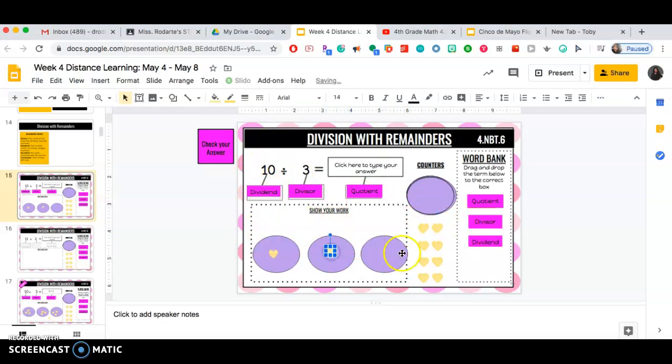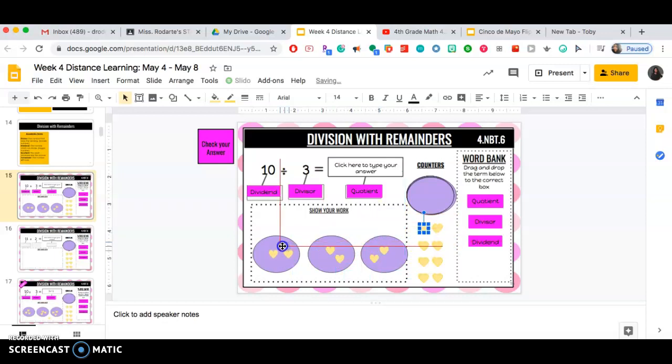So we have 1, 2, 3. I'm going to keep going until I'm close to the number 10. So we have 3 so far, so let's keep going. 3, 4, 5, 6.